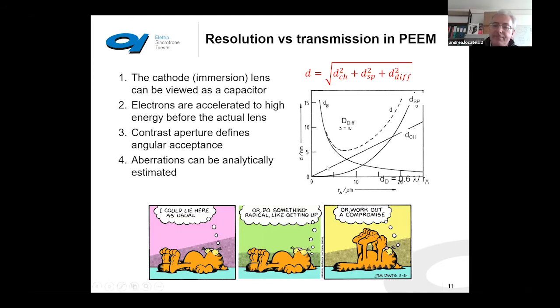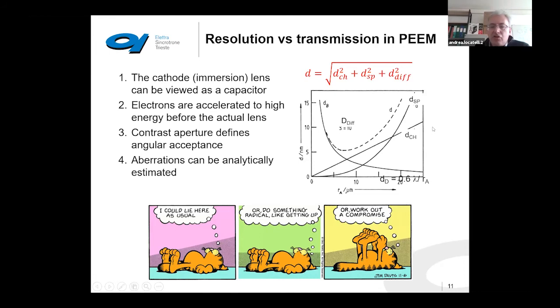Depending on the diameter or the radius of the contrast aperture used in the PEEM, it is very high for low diameters, meaning a very, very small aperture, and the reason is diffraction. Then it reaches an optimal value, and as you increase the diameter of the iris and improve the transmission of the instrument, there is the contribution of spherical and chromatic aberrations, which degrade the lateral resolution.